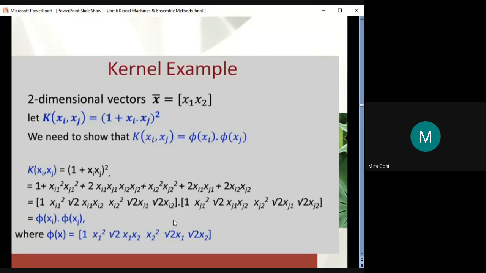So this is the same output which we are getting through this expansion. Okay, so this is the dot product we are getting through this polynomial function.